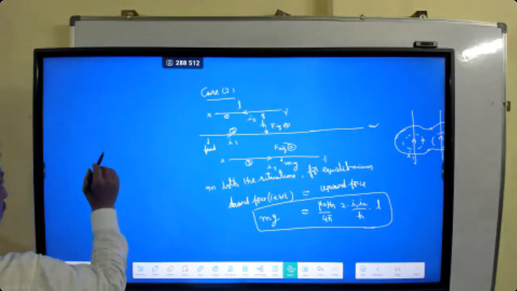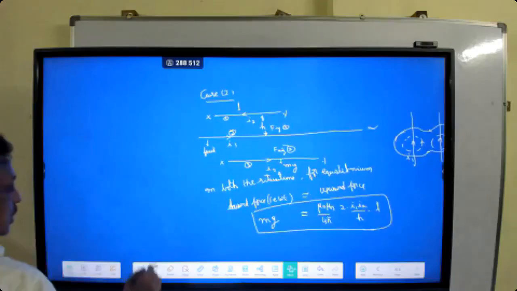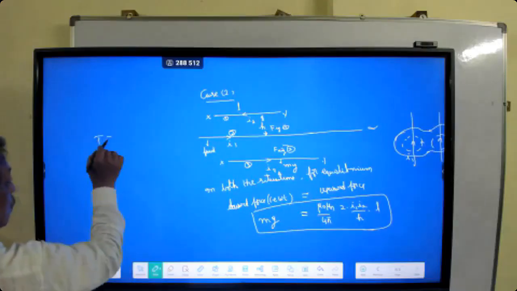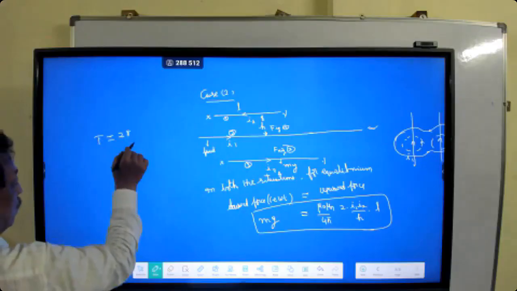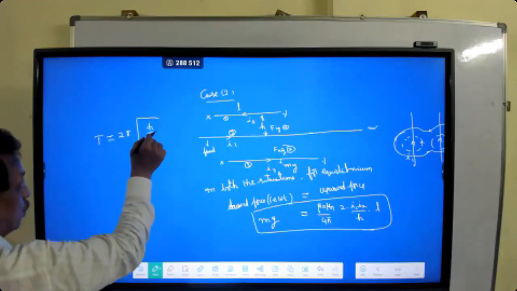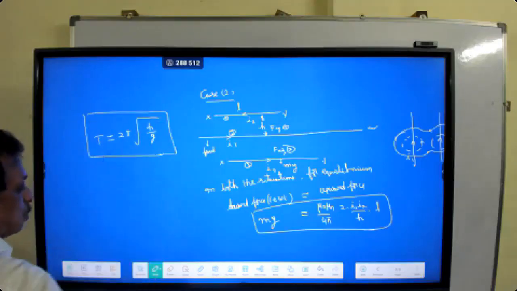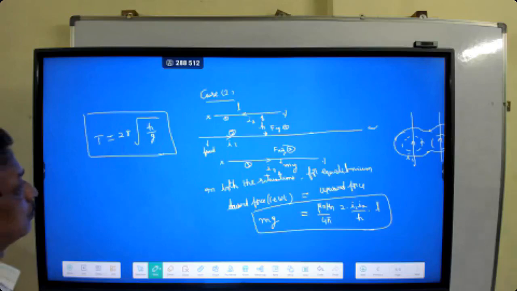Then the time period T is equal to 2 pi square root of L by g, where L plus h is the distance between the two parallel wires.